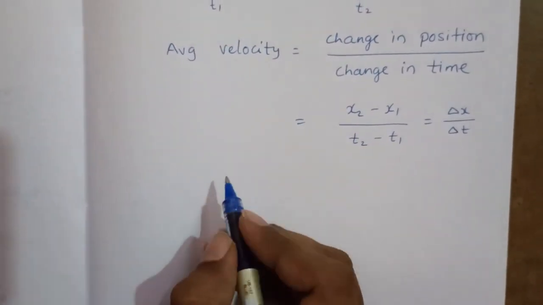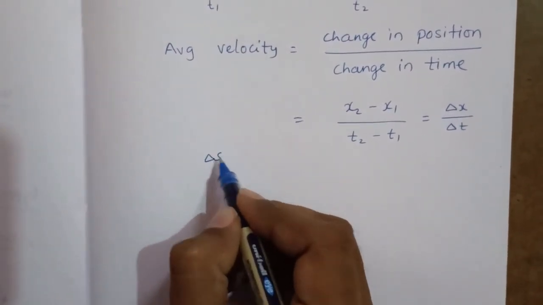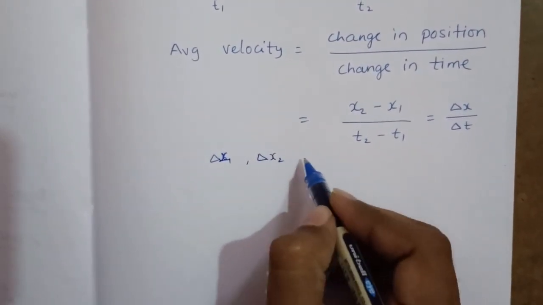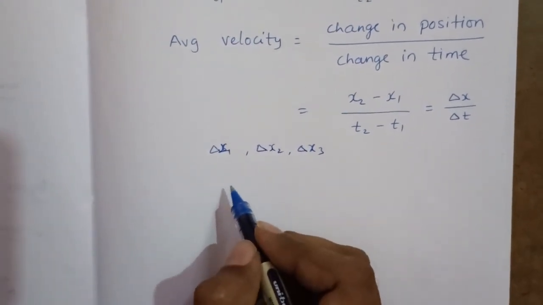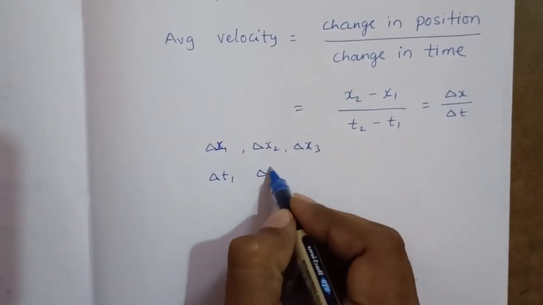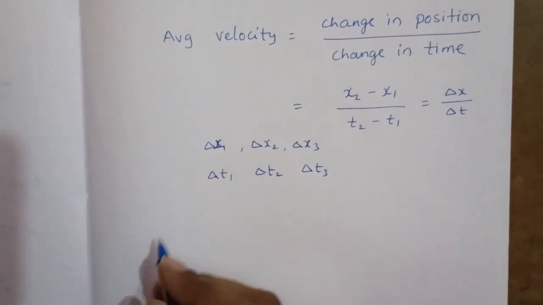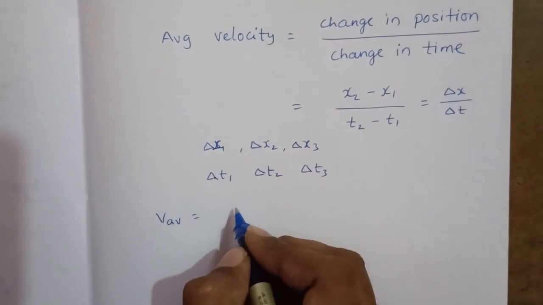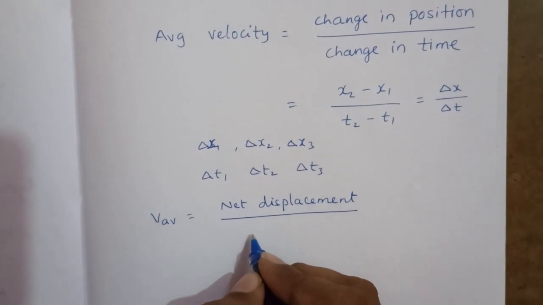Now if a body travels different displacements, for example delta x1, delta x2, delta x3, in different times delta t1, delta t2, delta t3, then the average velocity is the net displacement divided by the total time taken.